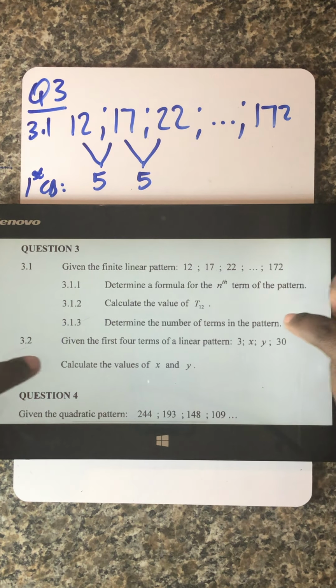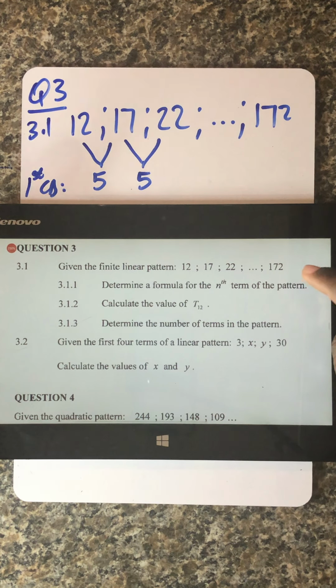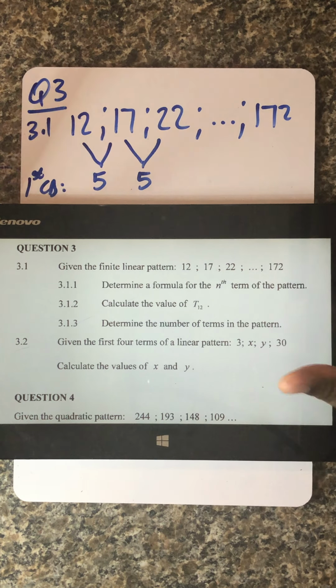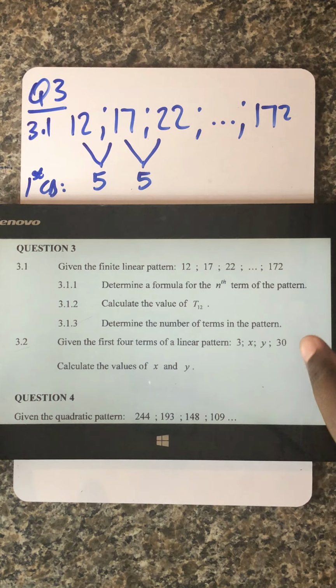So let's see. The first question, which is 3.1.1, says determine a formula for the nth term of the pattern. I'll just read it for the last time. Determine a formula for the nth term of the pattern. Very, very much important, guys.